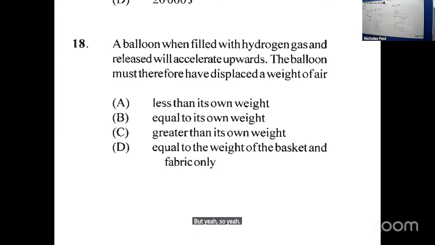Right, a balloon filled with hydrogen gas accelerates upwards. The balloon must therefore have displaced a weight of air. They're talking about what then? When they say displaced weight of air, what are they referring to?